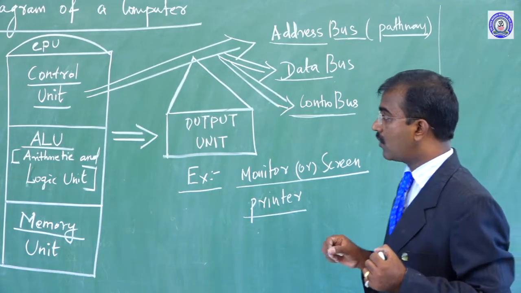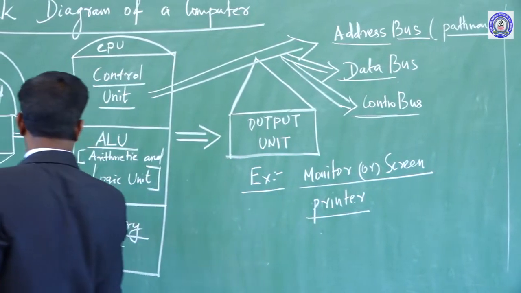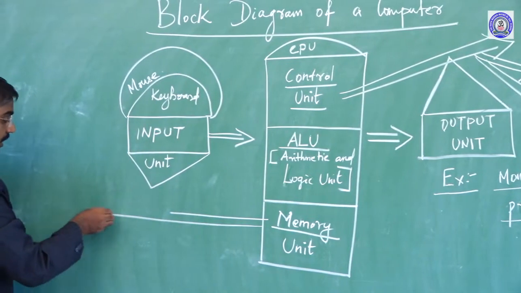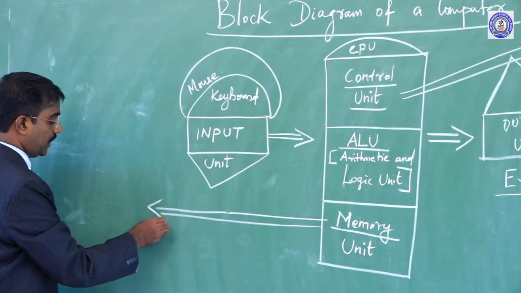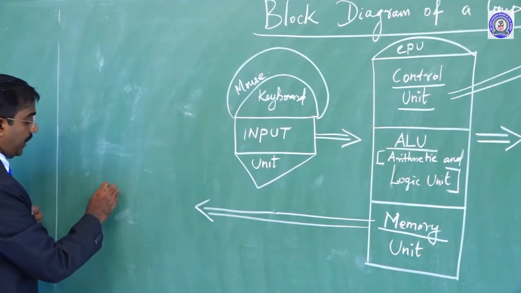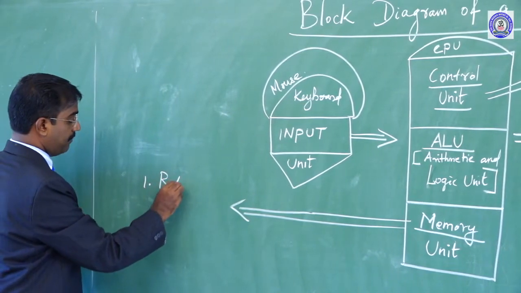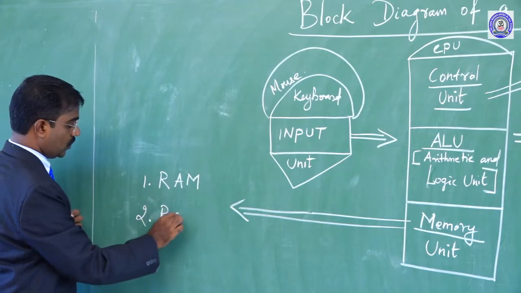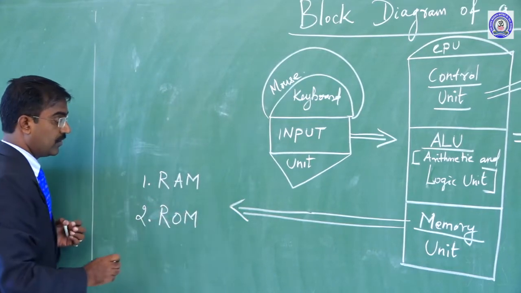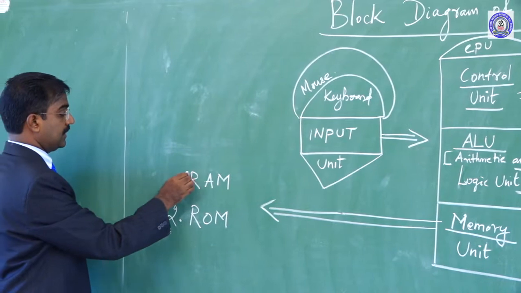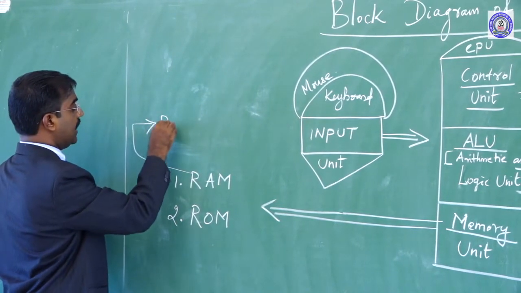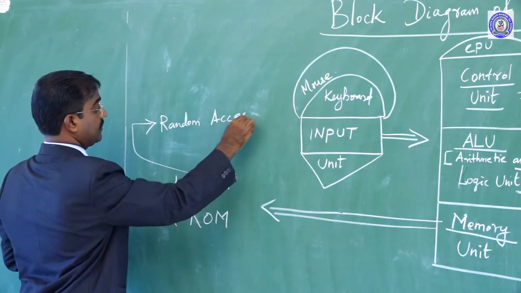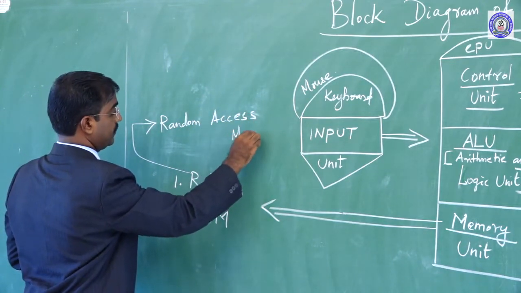Yes. Now can I say about the memory unit? In the memory unit of a computer, there are only two levels. One is RAM and another one is ROM. RAM is nothing but random access memory.